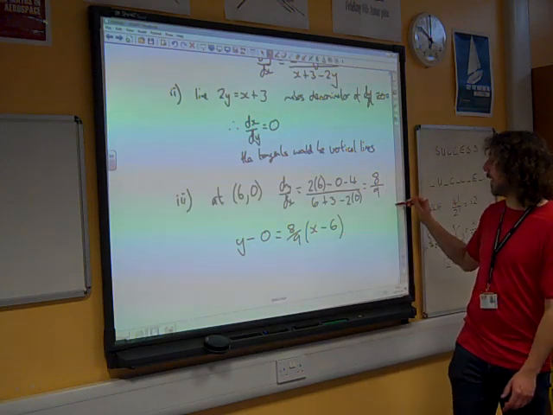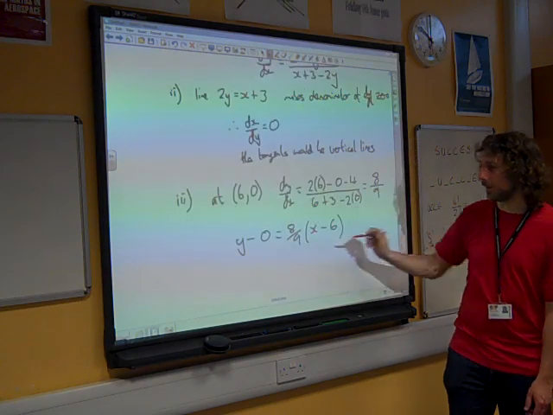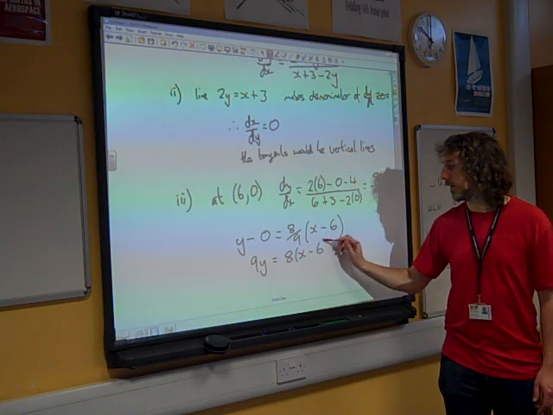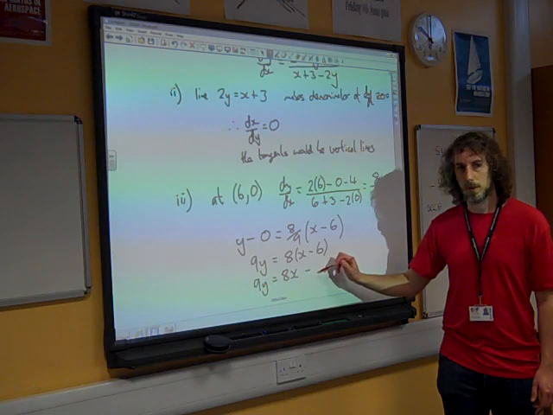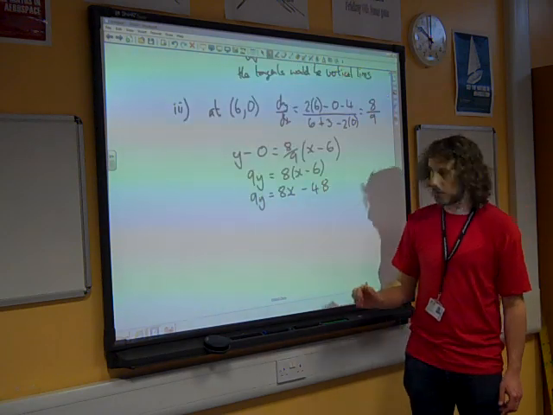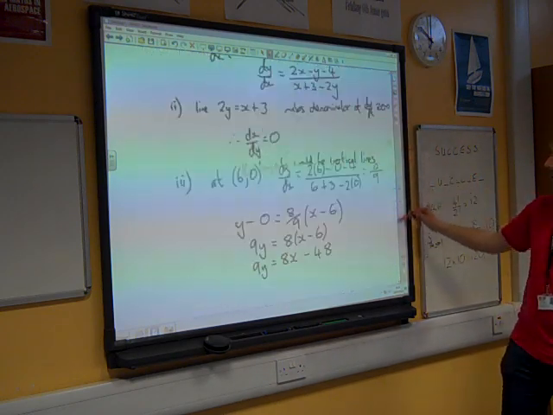We had to have it with all integer coefficients, so we'll multiply by 9. So 9y = 8x − 48. And how did they want it? ax + by = c.